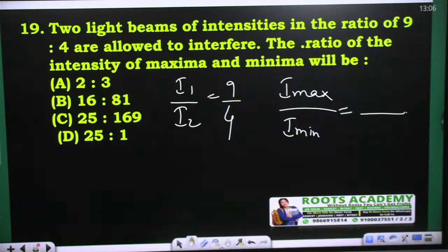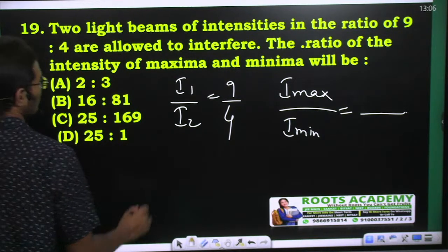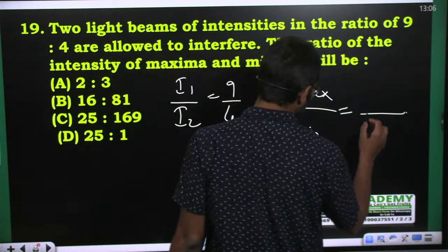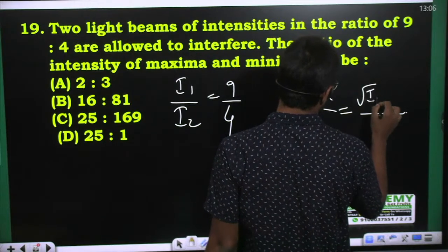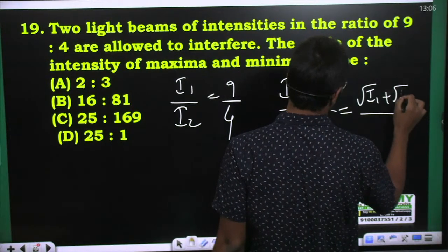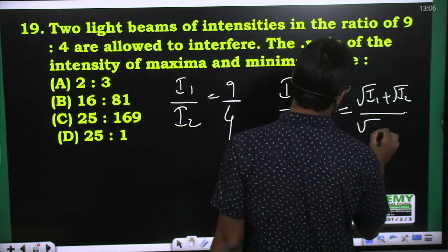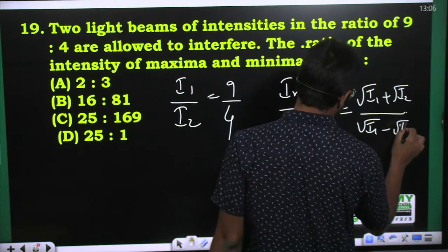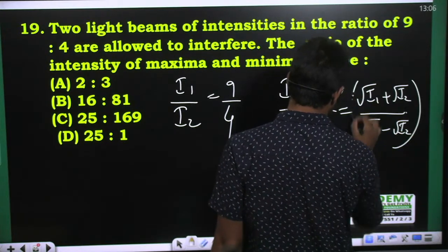So we know that Imax by Imin is equal to (root I1 plus root I2) whole square by (root I1 minus root I2) whole square.